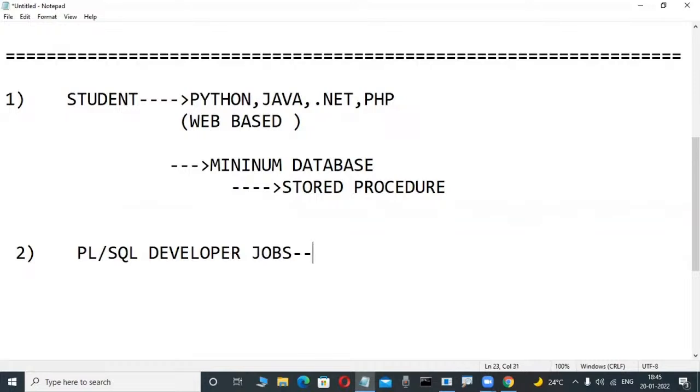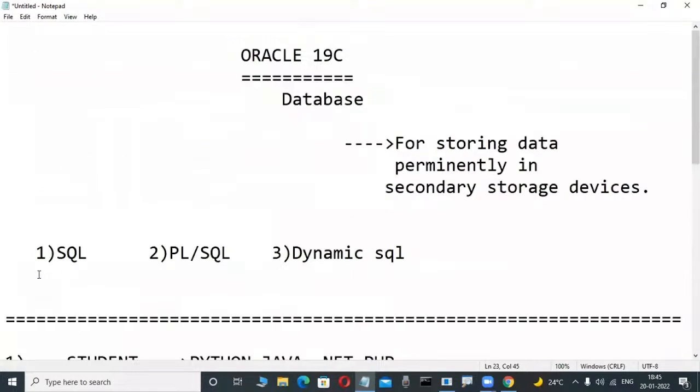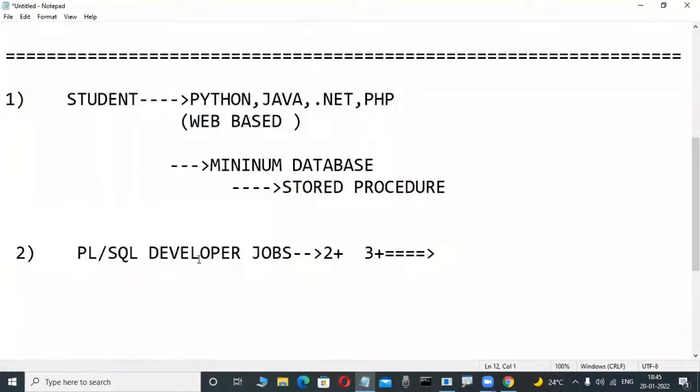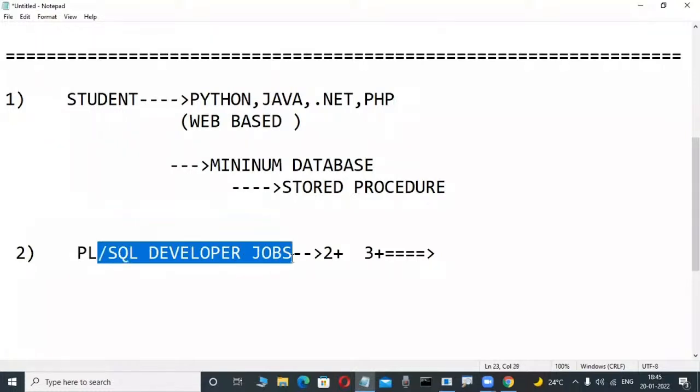Okay, some gap is there, maybe. Those persons are in our course. They are learning this course only for PLSQL developer purposes. Many people are learning from me; actually I am a senior PLSQL developer, that's why I have in-depth knowledge, and I am teaching PLSQL.